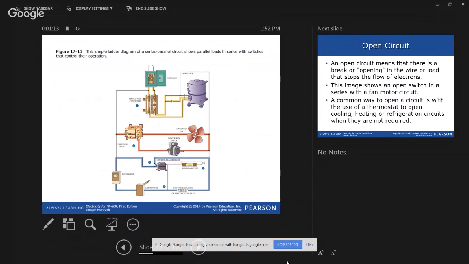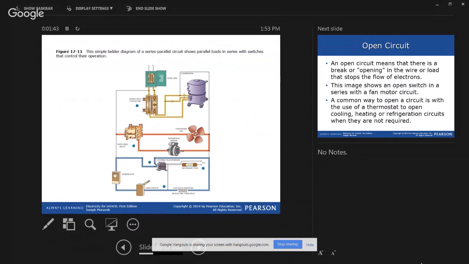What is this symbol right here? I don't know. It looks kind of like a capacitor to me. It does kind of have the hook on the outside there. Yeah, I think so too. I think that's a cap.